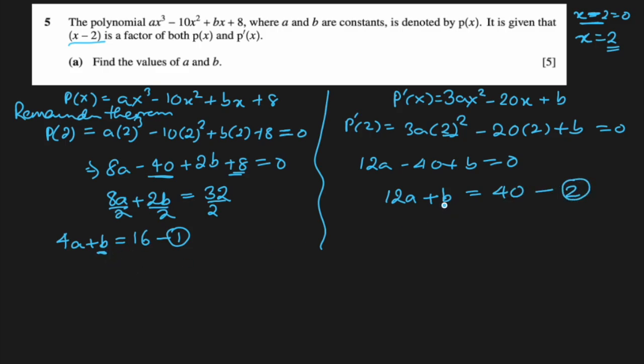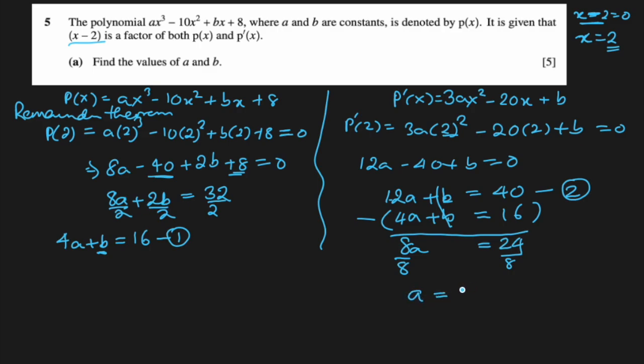So we have b here, we have b here. Let's subtract 4a plus b equal to 16 from equation number 2. So 12 minus 4, 8a, b minus b gone, 24. So divide by 8, a is 24 divided by 8, which is 3.